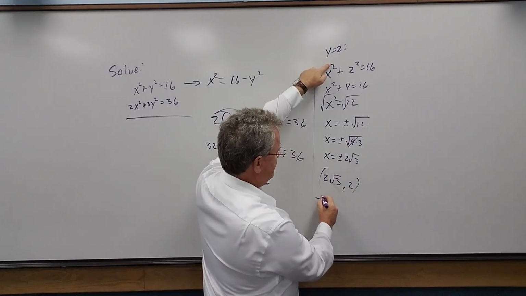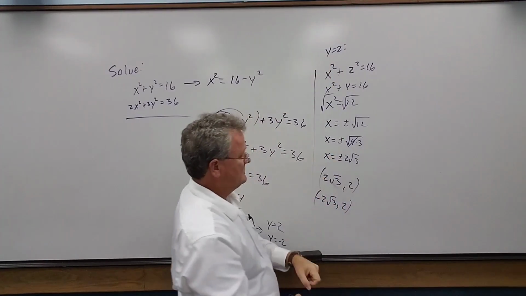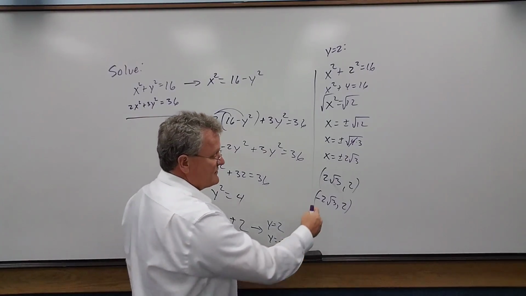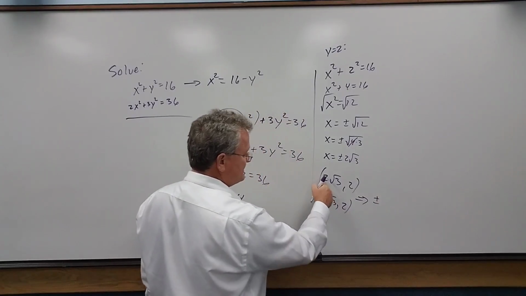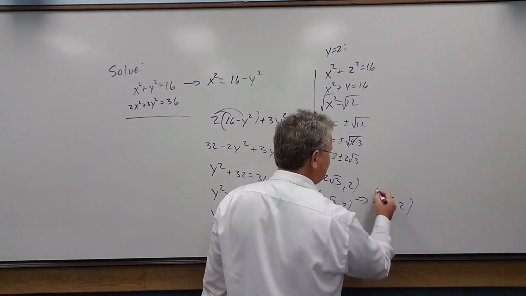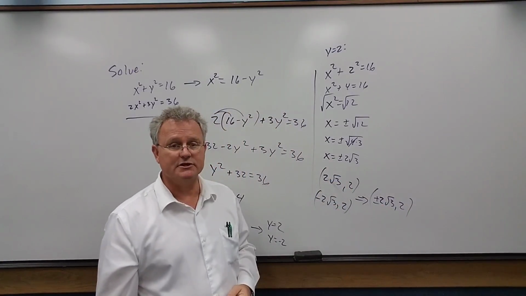When x is negative 2 root 3, y is also 2. So there's 2 points of intersection. Now we could write this as one clean answer of plus and minus 2 root 3 comma 2. So this is another way of writing both of those answers.